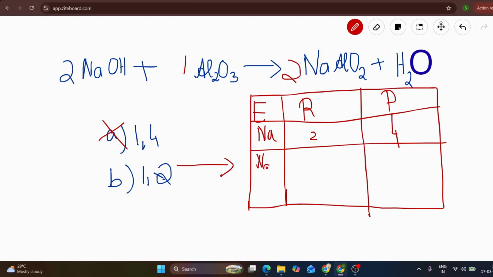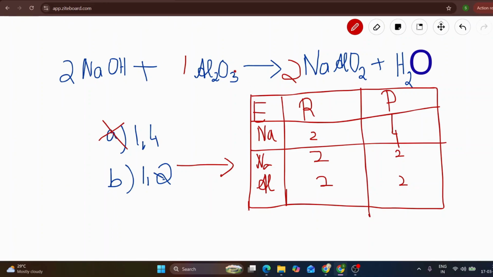Reactant side it is 2, and product side also it is 2, so it is satisfied. Now we go for the next metal, aluminium. On the product side you have 2, as well as on the reactant side you have 2. So aluminium is also balanced.